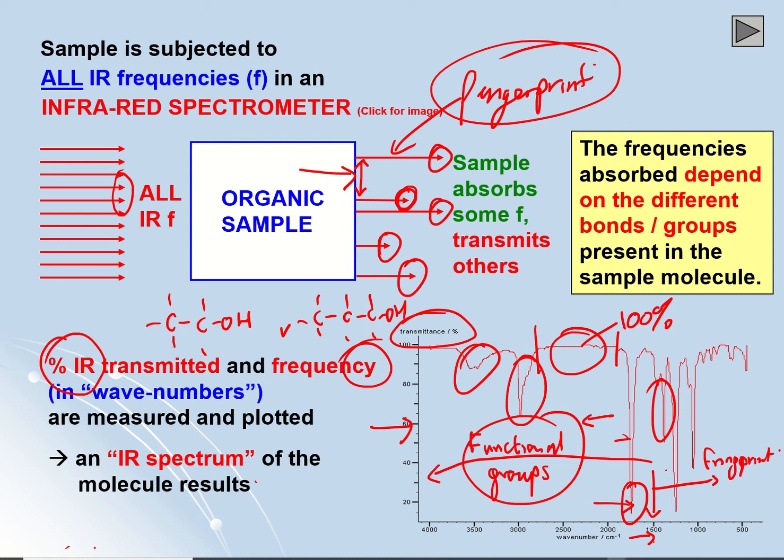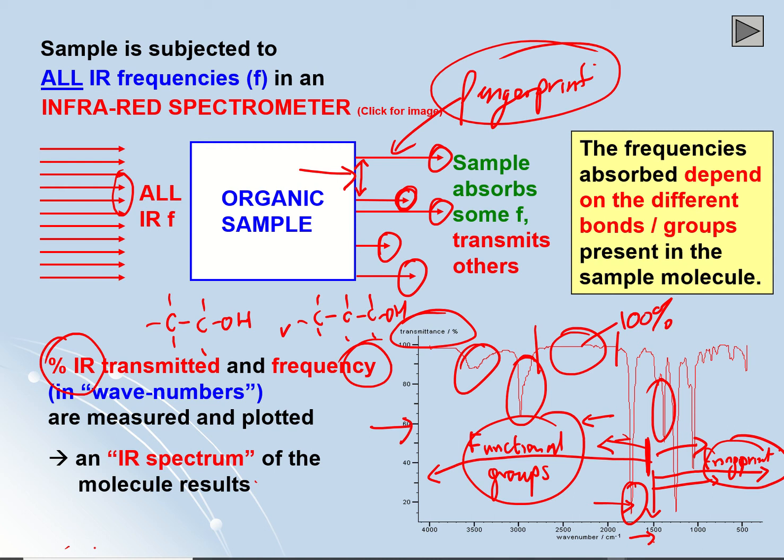Well, from 1500 in this direction, the fingerprint region, that will allow me to tell whether it is propanol or ethanol. So in one direction we're looking at functional groups only, and in the other we're looking at whether it is propan-1-ol or propan-2-ol or ethanol or whatever.